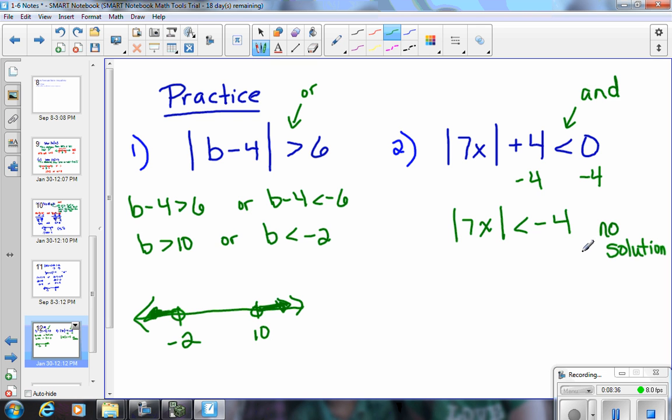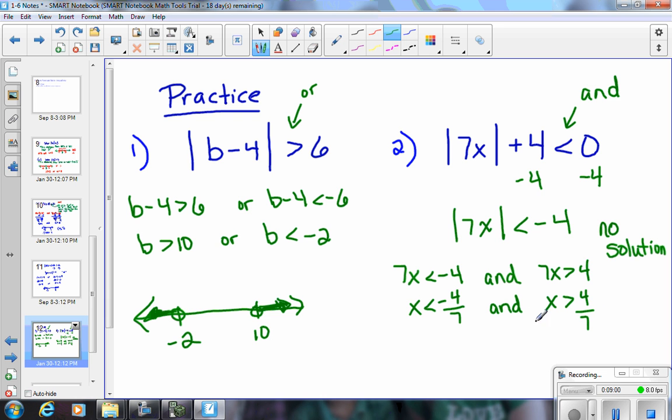Now, suppose you didn't notice that and you just kind of plowed right through this problem and said 7x is less than negative 4 and 7x is greater than 4. And you divided by 7, so you got x is less than negative 4/7 and x is greater than 4/7.